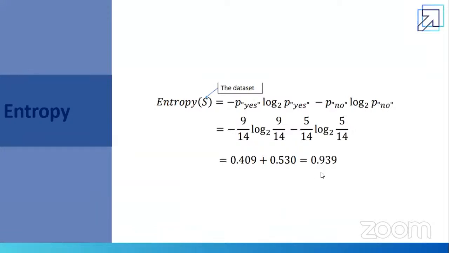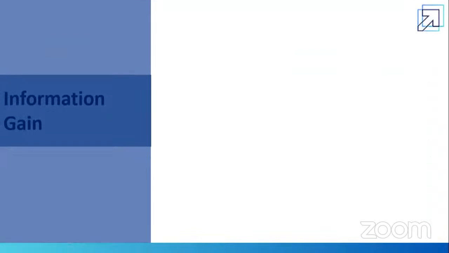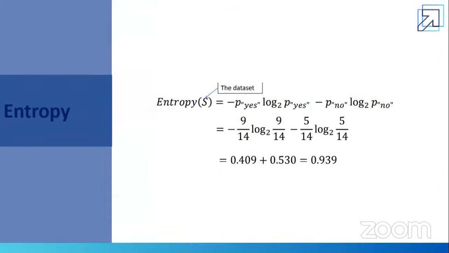I hope I have made it clear. The mathematics behind entropy is understood or not? Now we have calculated the entropy when we take our root node as Outlook. Okay. So now what is information gain?